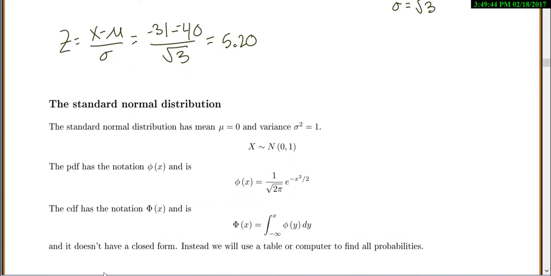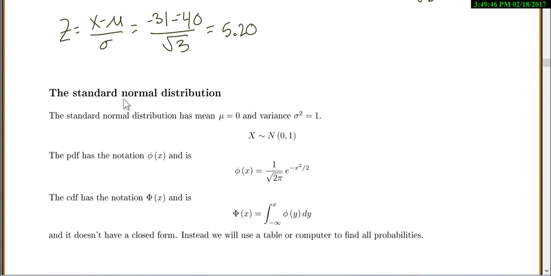Once you standardize, here's a few things about the standard normal distribution. It has a mean of mu equals 0 and a variance of 1, which we write this way. We have our PDF that has this notation. This is the Greek letter phi, and I guess that's why I couldn't remember which one it was, because people do either form.